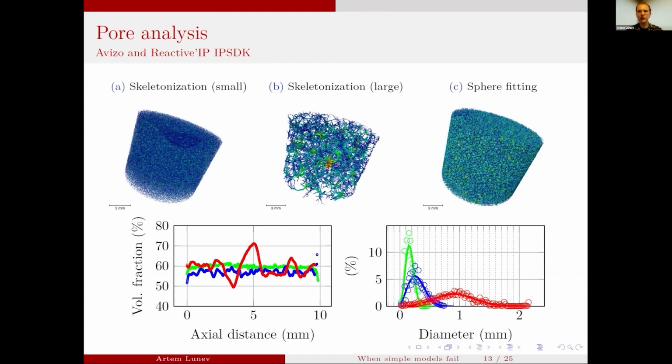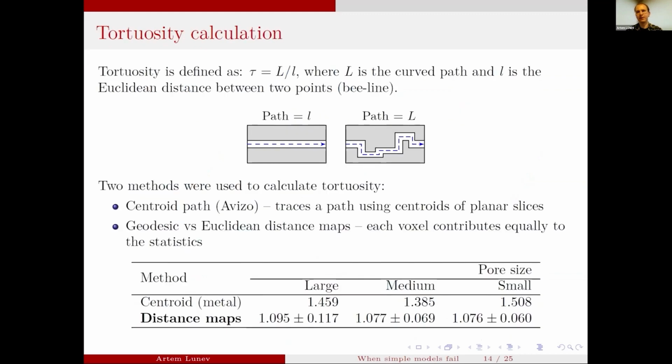It corresponds to the nominal 60% as described by the manufacturer, and the average pore diameters are also approximately in line with the nominal pore size that has been given to us by the manufacturer.